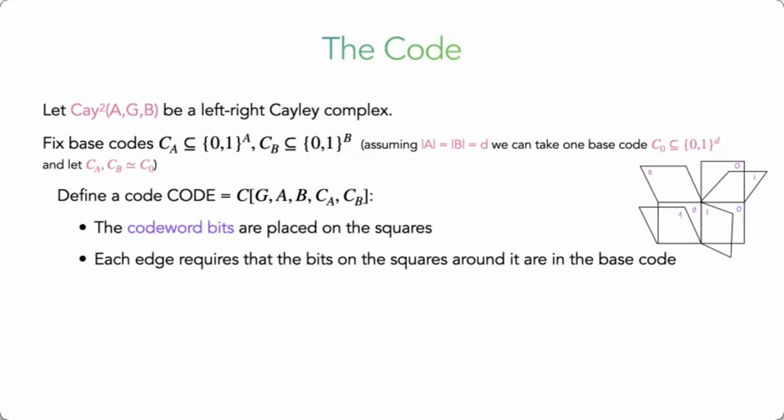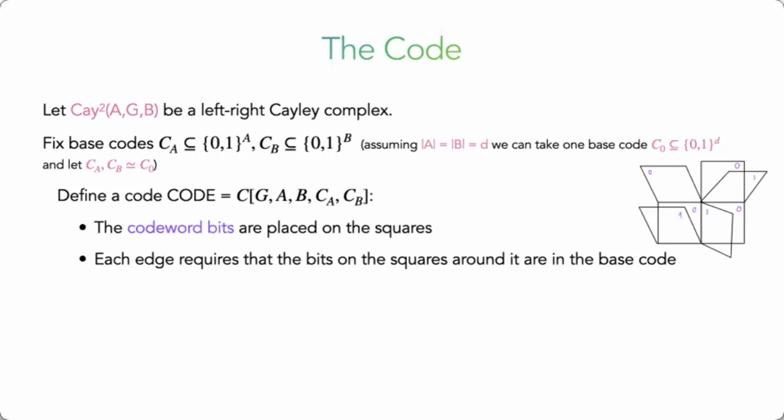And the squares are naturally identified with the elements of B. So it's natural to view the bits around the edge as a function from B to {0,1}, essentially as a string in {0,1}^B. So the constraint will be, okay, I want this string to not only be just a string, it needs to belong to CB. That will be my constraint.